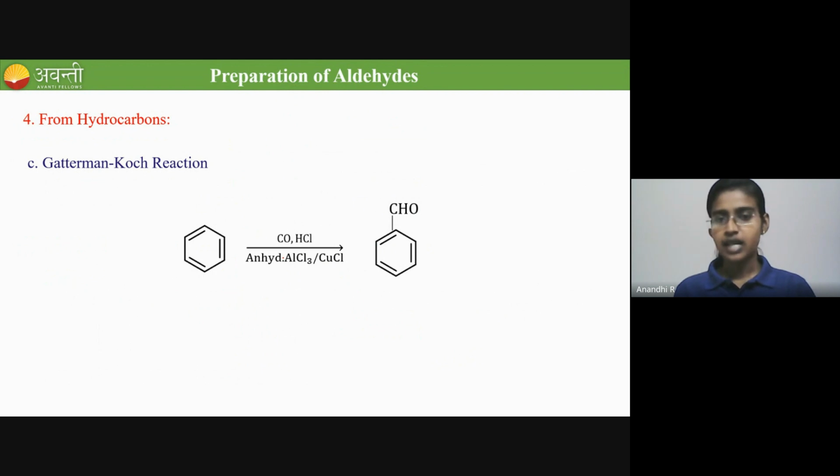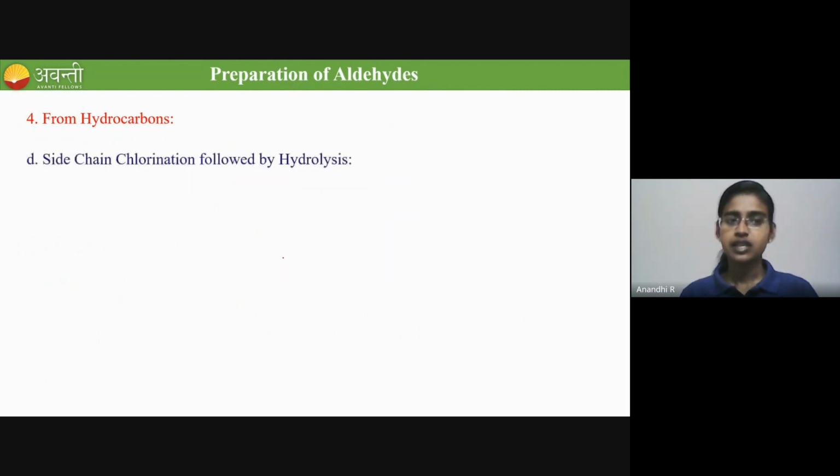So these reagents and this catalyst will convert benzene directly to benzaldehyde. One of the very easiest reactions, right? Yes. Then the next one is using side chain chlorination followed by hydrolysis. All these we are studying under the preparation from hydrocarbons only.